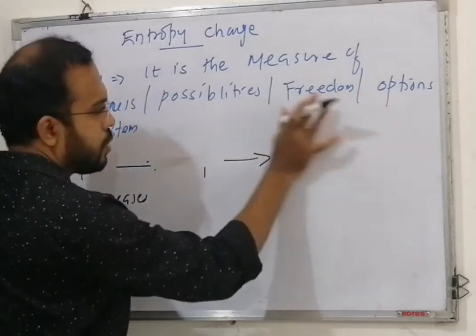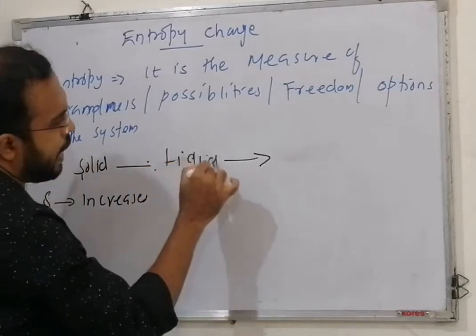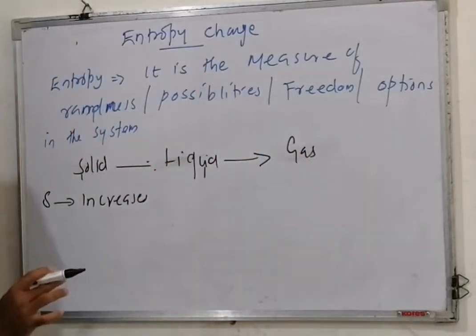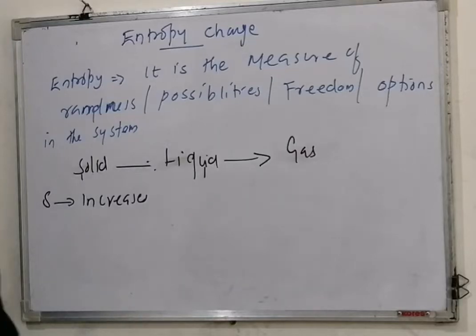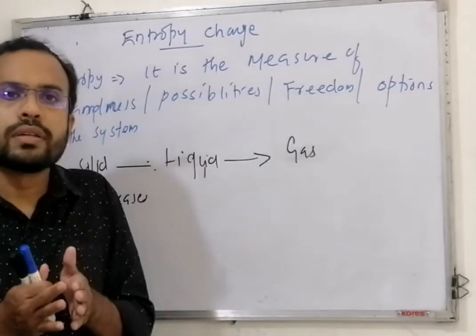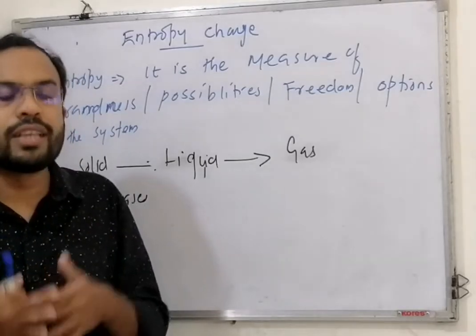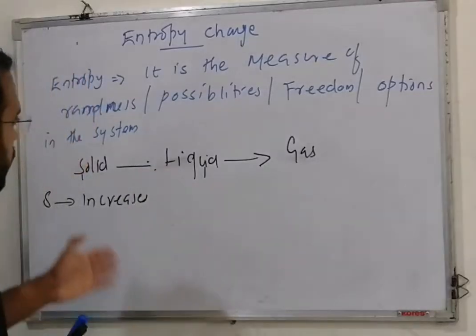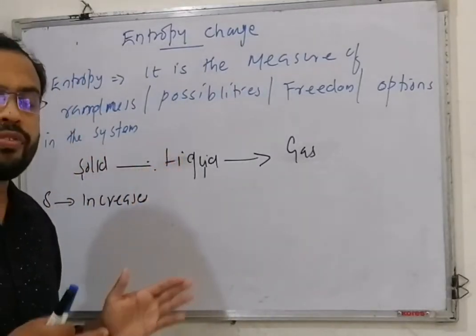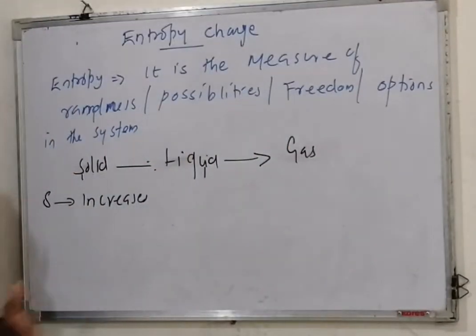Suppose a particle in the solid state. It is very closely packed. Therefore, the freedom of motion is very limited. When it moves from solid to liquid, freedom of motion increases. From liquid to gas, again it increases. That is why entropy increases.